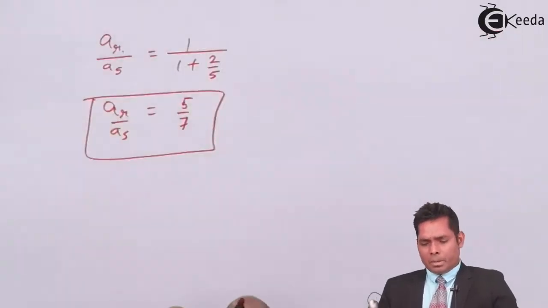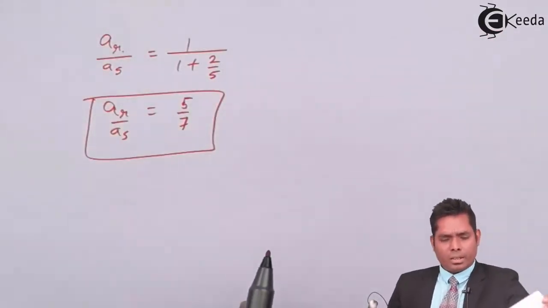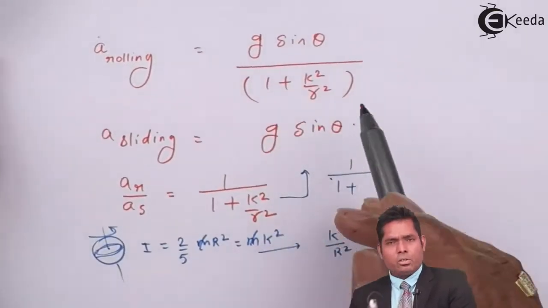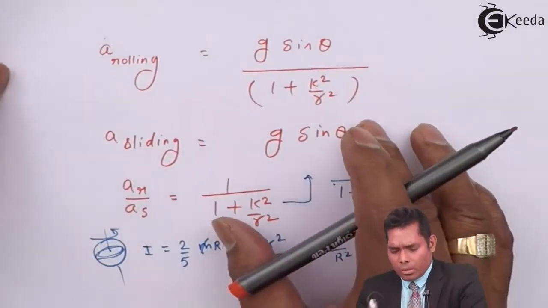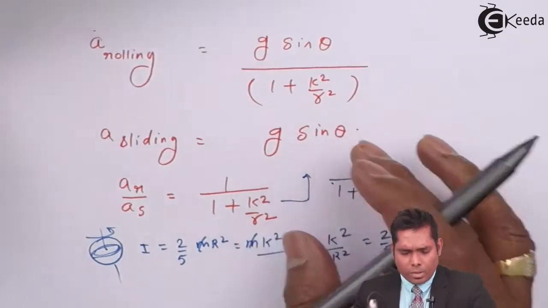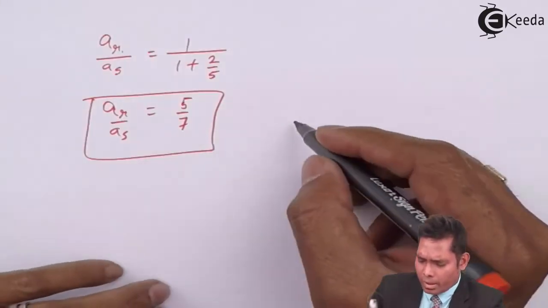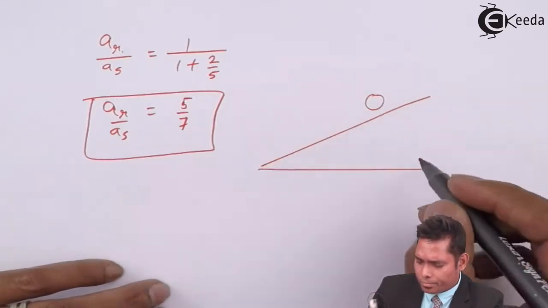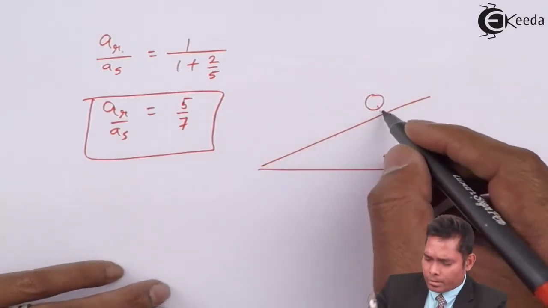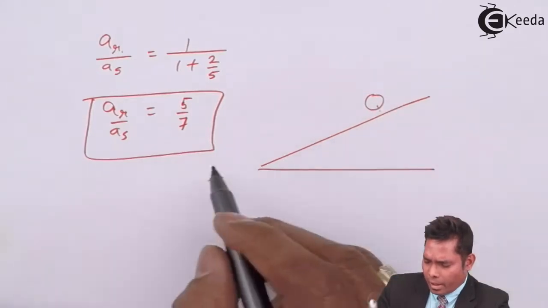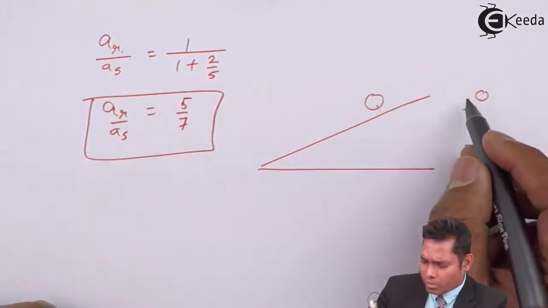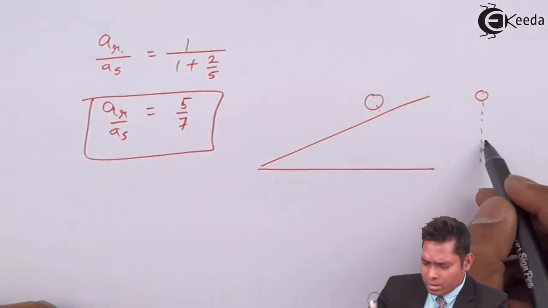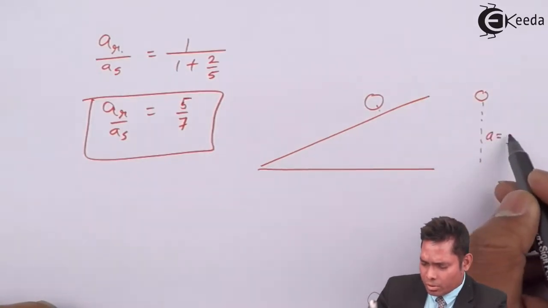But let me tell you how you get this expression g sine theta over this. You will get it in your textbook, otherwise also we will discuss how this is done. If I talk about an object on an inclined plane, and an object which is just released vertically, here the acceleration is g.